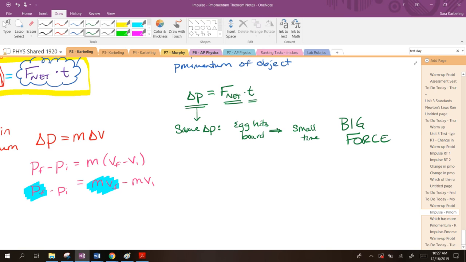That means that we had a big amount of time, which means what about the force? It was a much smaller force. And in which case do we have a safe, happy, uncracked egg?